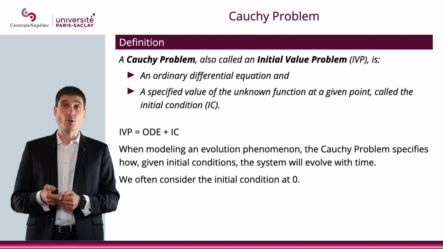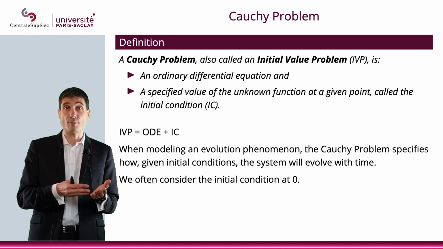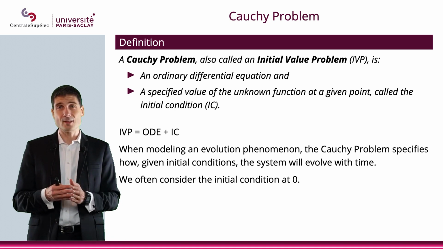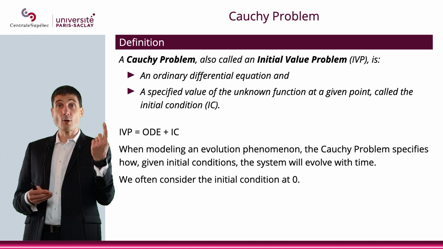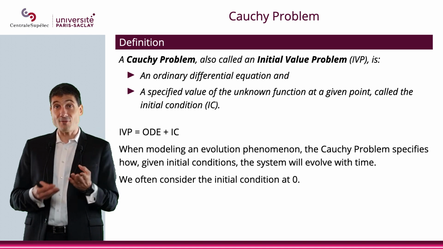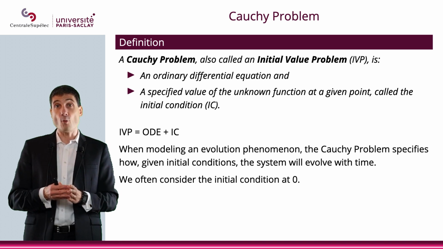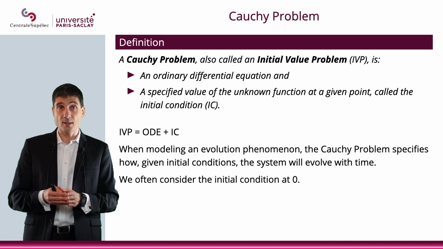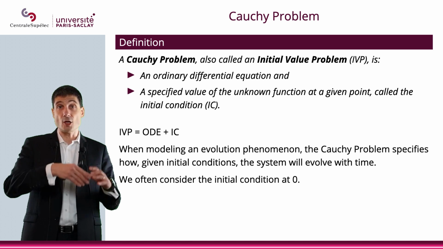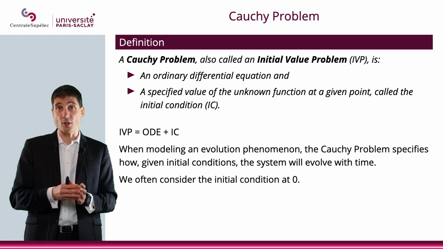Well, this leads to the definition of an initial value problem, IVP in short, or Cauchy problem, which is an ordinary differential equation and a specification of the value of y at a given point, which will be called an initial condition. So an IVP is an ODE plus an initial condition.